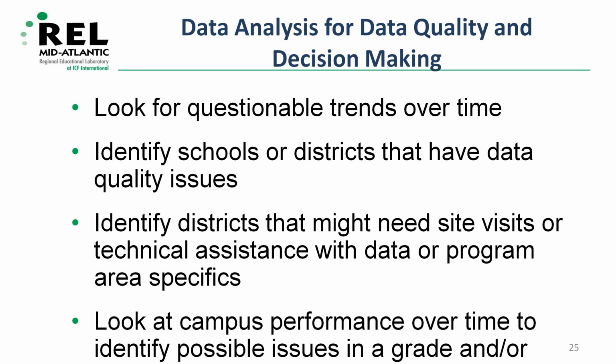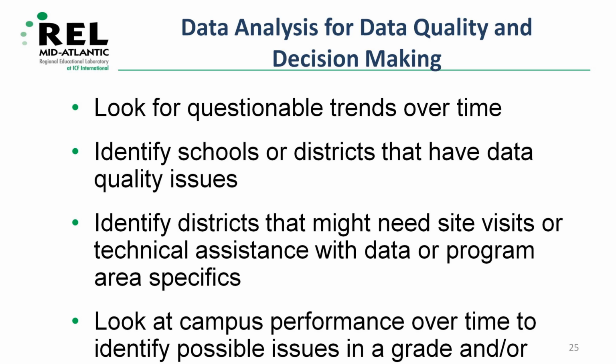So let me go through some of the data analytics. I apologize if this seems basic to some of you, but you kind of want to go basic and then go from there. Some of the data analysis for both data quality and decision making or understanding your programs, you've got to, as we've said, look for questionable trends over time. Look for data quality issues, as we did in Texas.